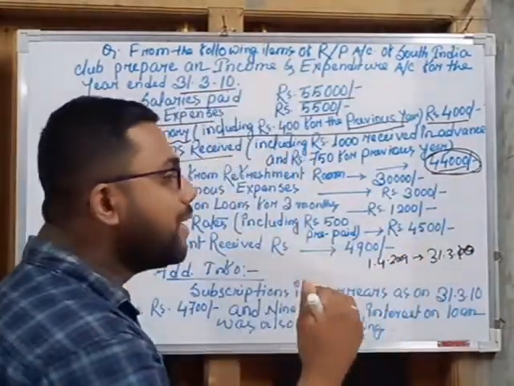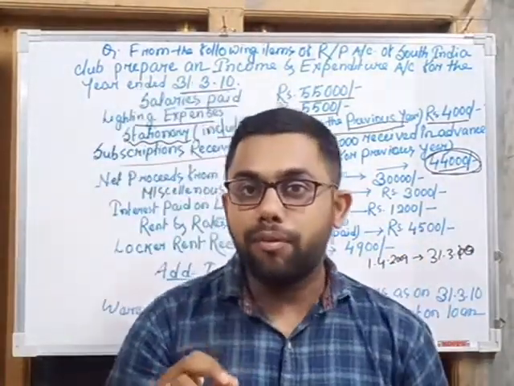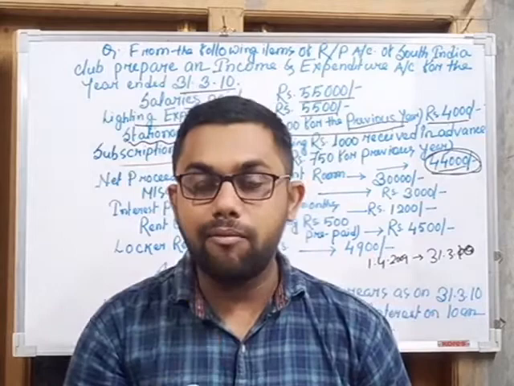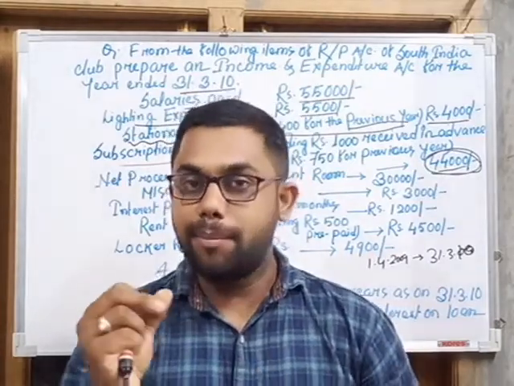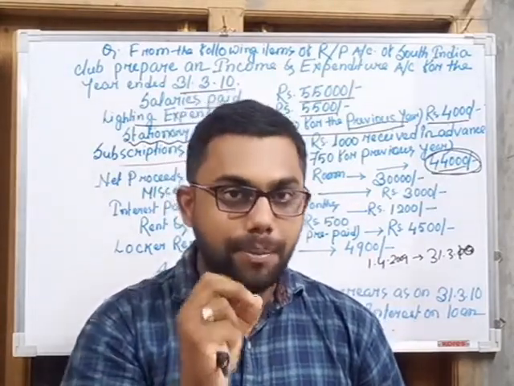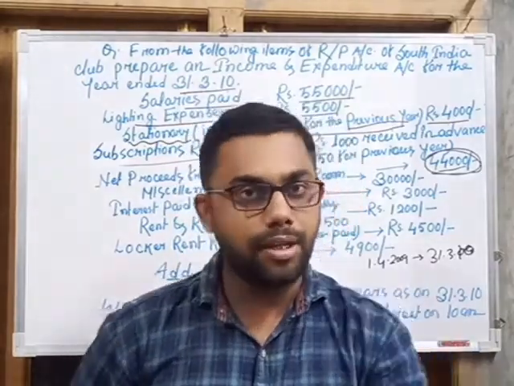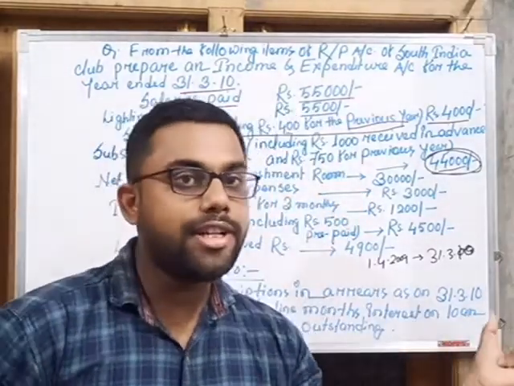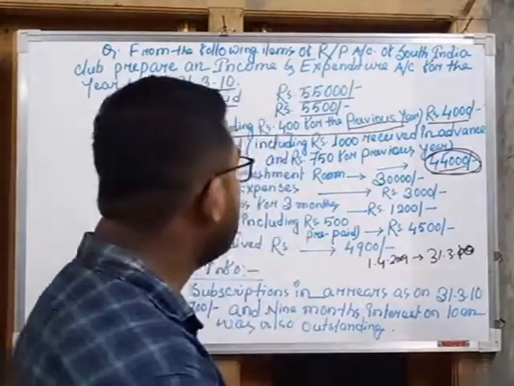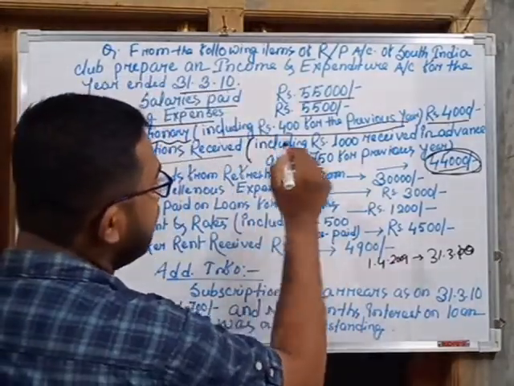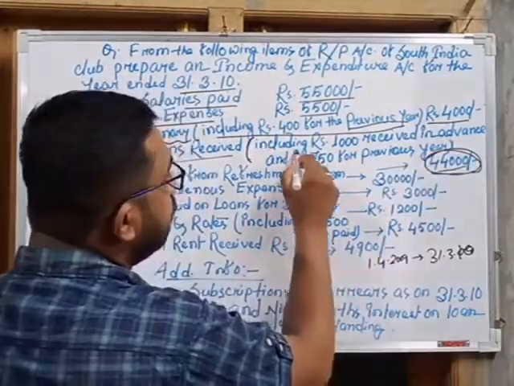Now we cannot say that this 44,000 is the income for the current accounting year. There may be some income for the previous year, and some income for a future year. So now we have to find the adjustment regarding this. The adjustment is written in the bracket, including rupees 1000 received in advance.